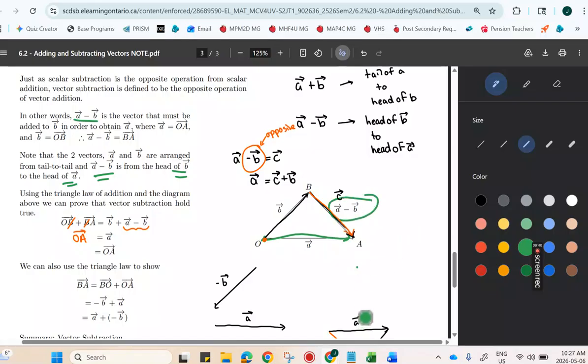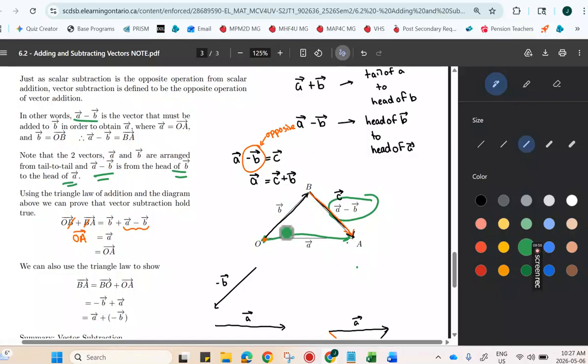Well, vector A minus B means, if I'm starting here and going to A, and I'm starting here and going to B, what do I need to add in order to end up where I started, which is that resultant vector?